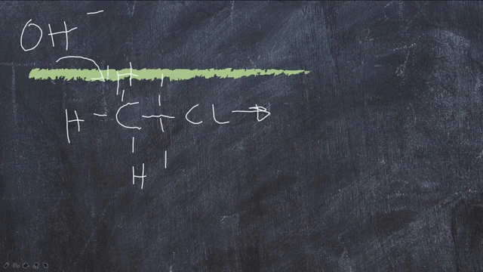So we all know this bond is meant to break, but the bond is breaking. As the bond is breaking, the OH is also attacking. So it ends up leading to the formation of this transition state. Let me put my H here and my second H here. Then my third, let's put it down. Then the OH is bonding.